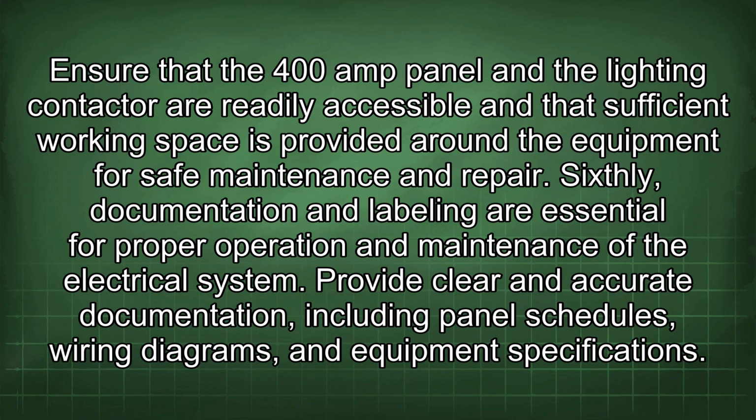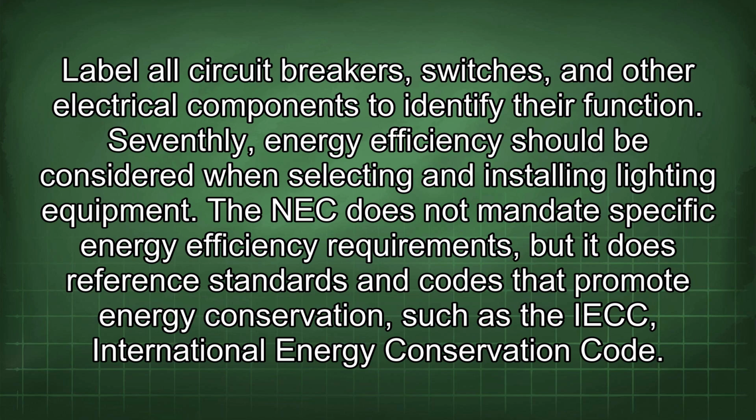Sixthly, documentation and labeling are essential for proper operation and maintenance of the electrical system. Provide clear and accurate documentation, including panel schedules, wiring diagrams, and equipment specifications. Label all circuit breakers, switches, and other electrical components to identify their function.